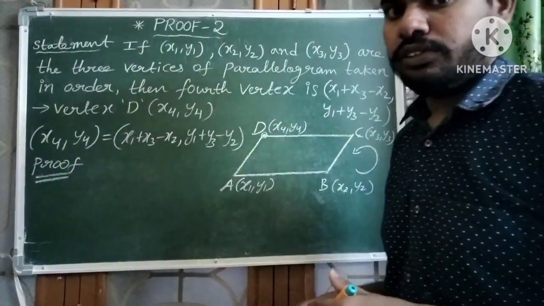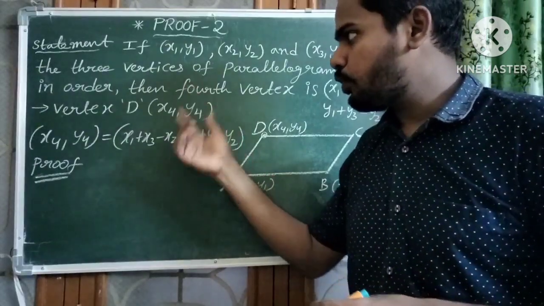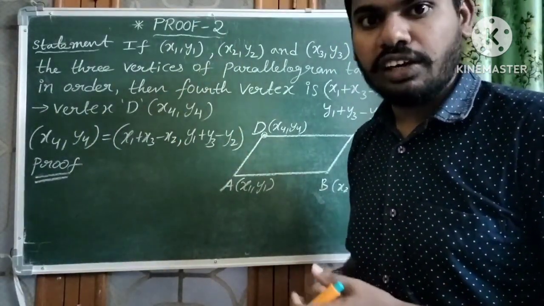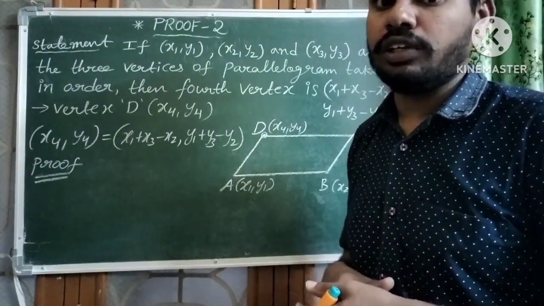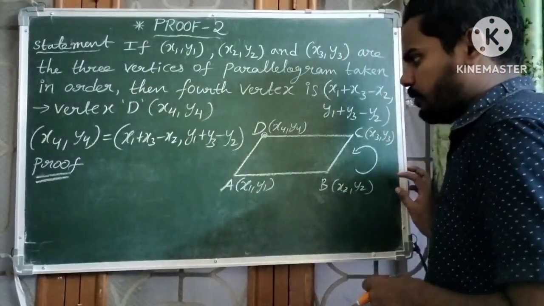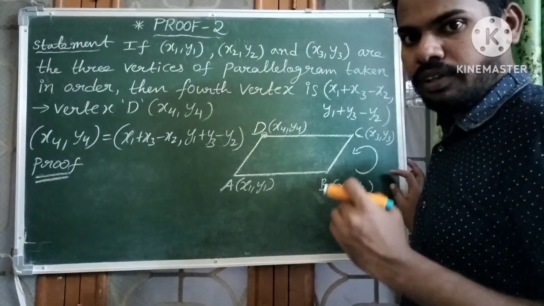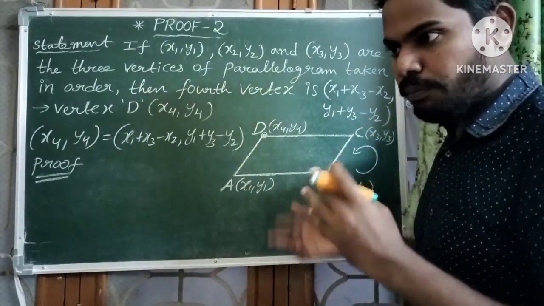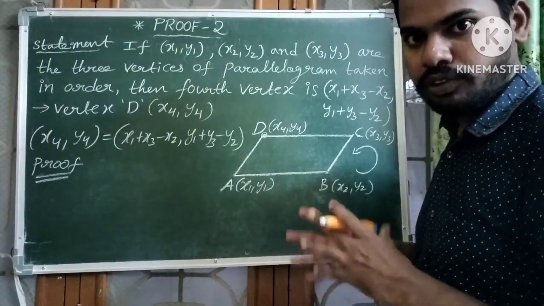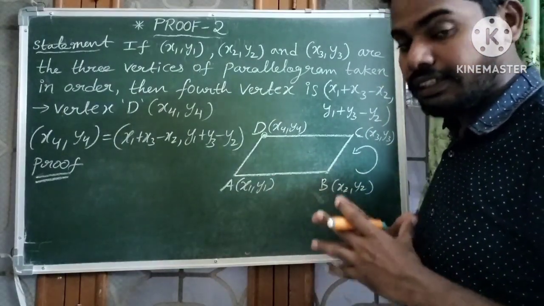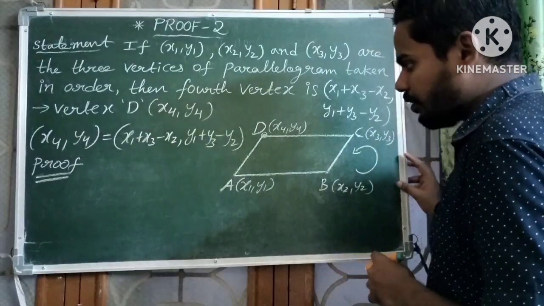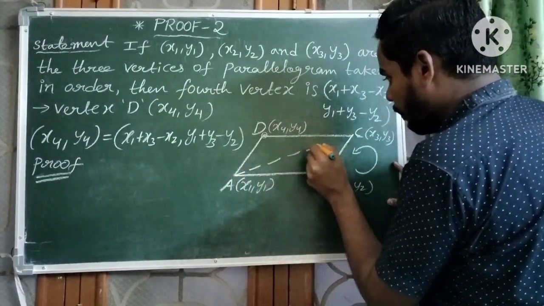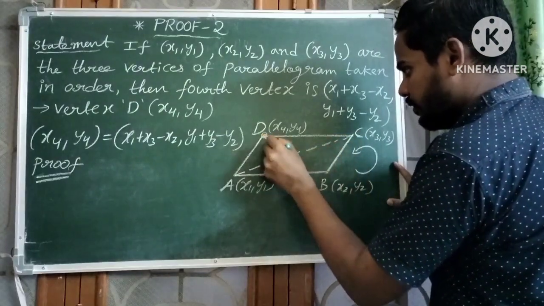To prove this statement, we have to recall the properties of a parallelogram. In a parallelogram, opposite sides are parallel and equal. At the same time, opposite interior angles are equal. At the same time, in a parallelogram the diagonals bisect each other.